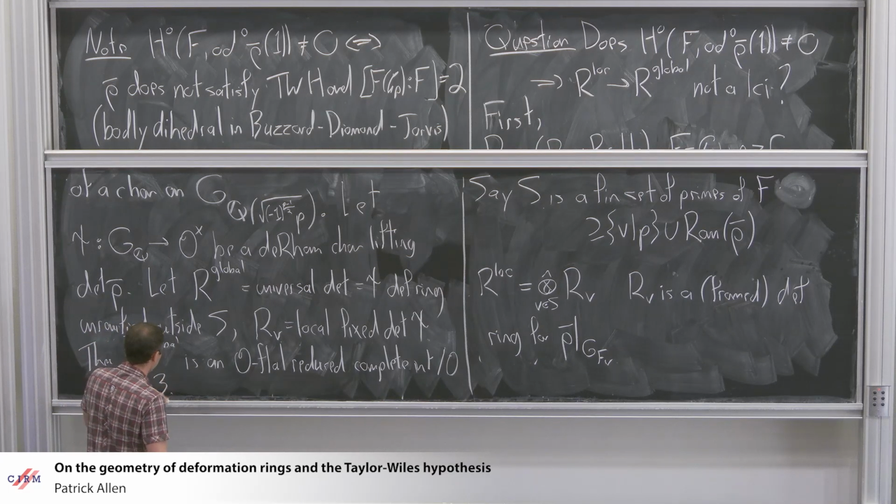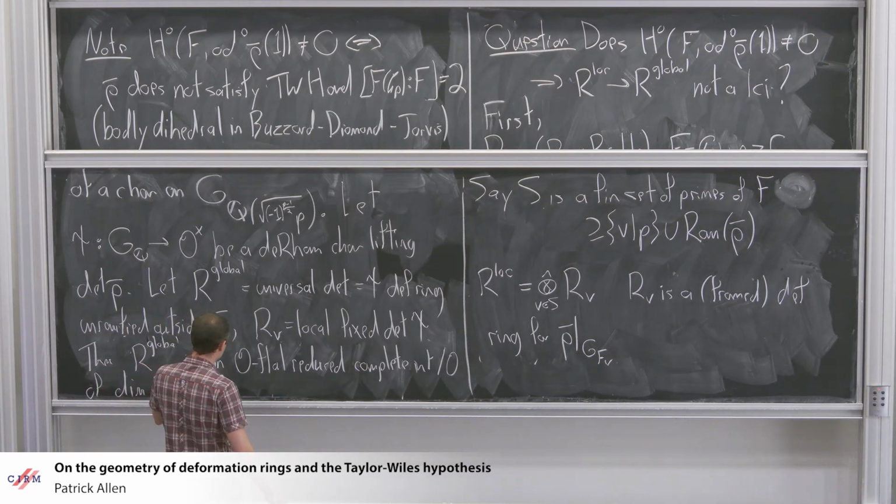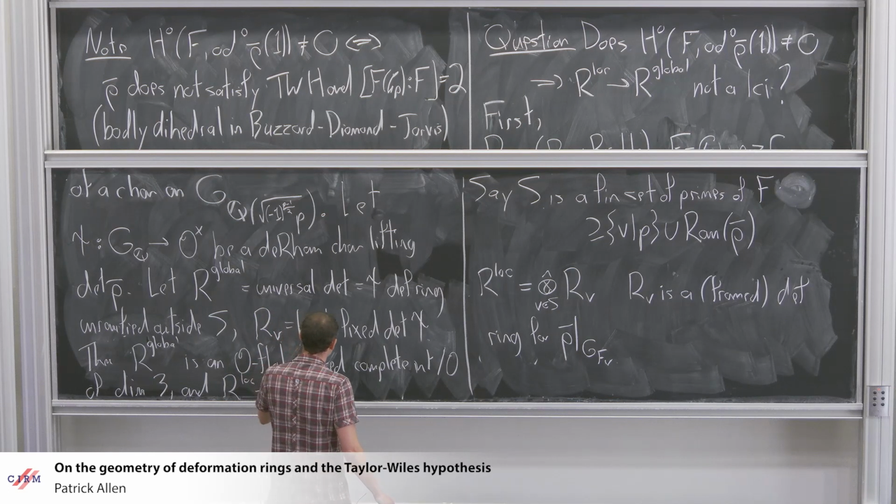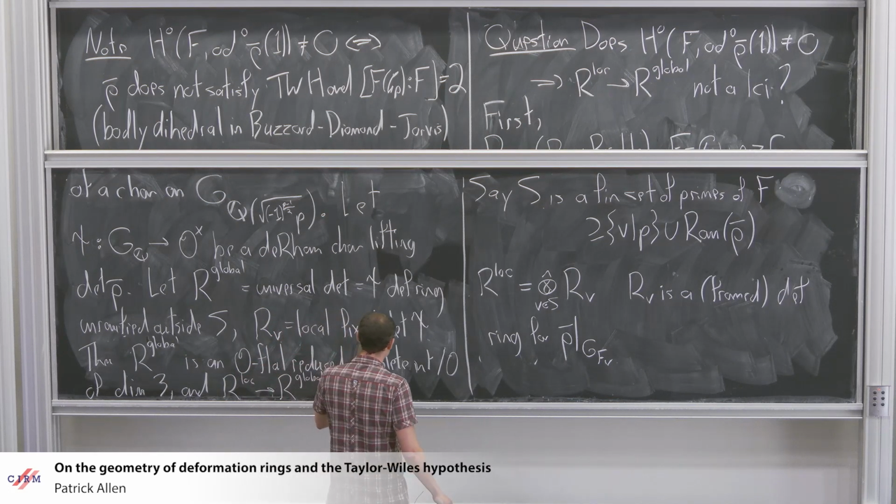Dimension 3, and thus this map, R local to R global, is a local complete intersection.